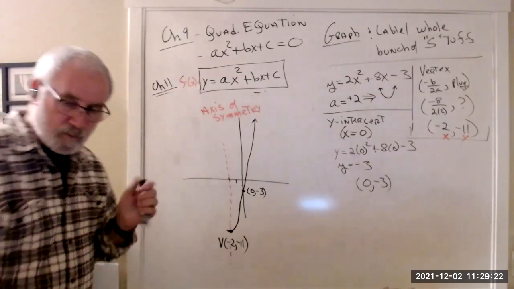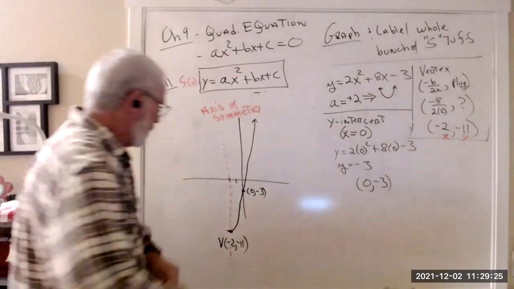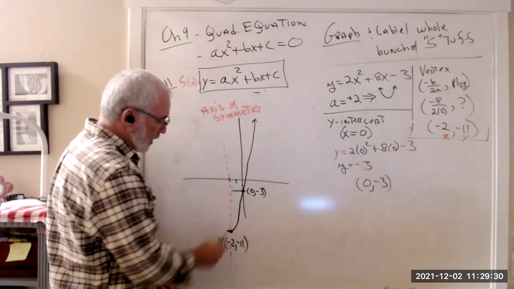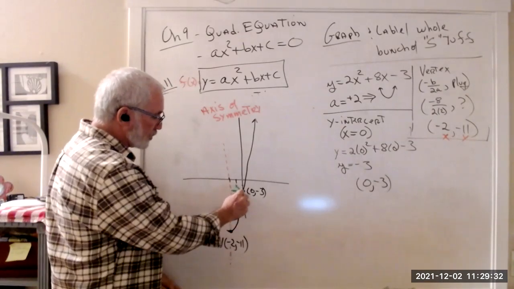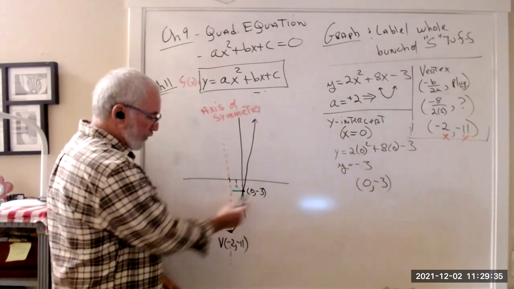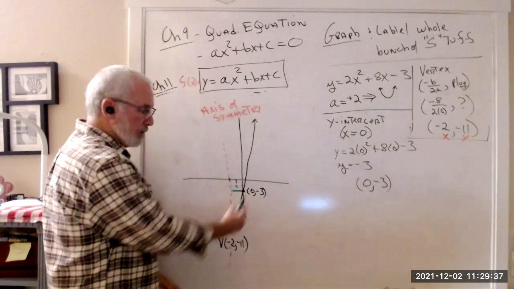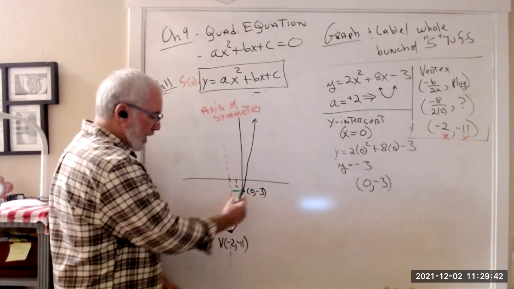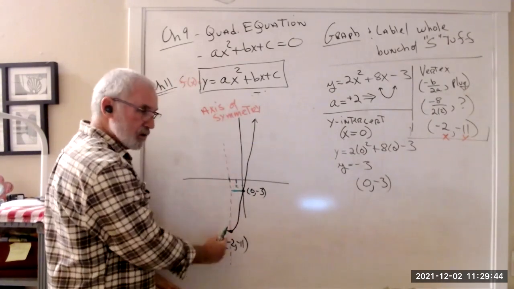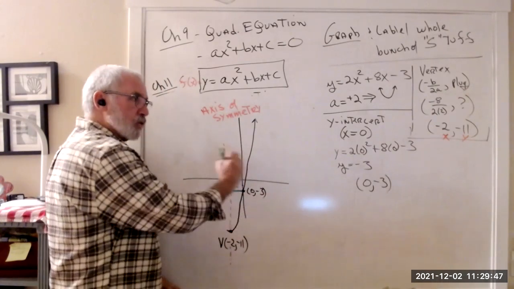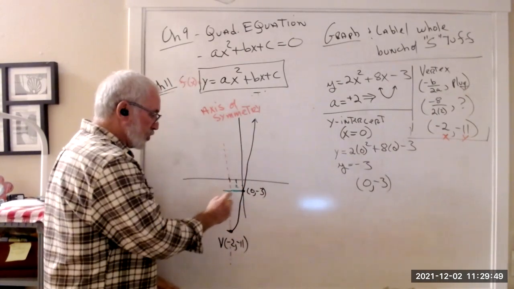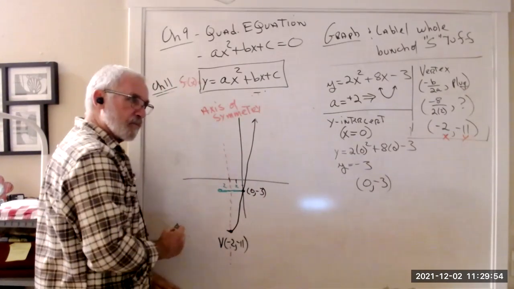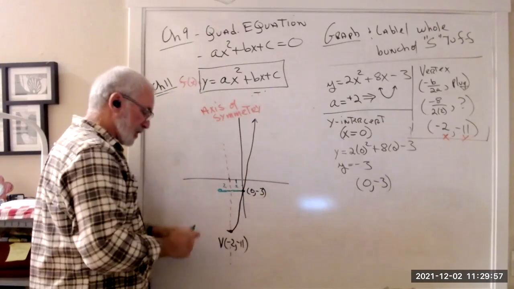Now bear with me, guys. This point is 2 units away from the axis of symmetry. My y-intercept is 2 units away from the axis of symmetry. So its reflection, its image, should also be 2 units away, because the right side and the left side are the same.